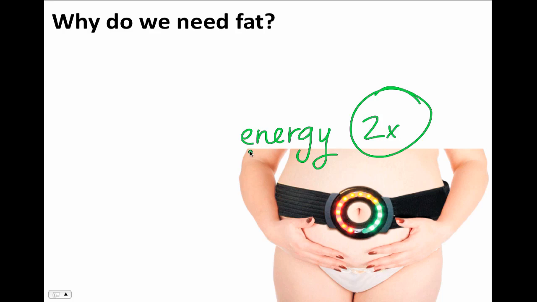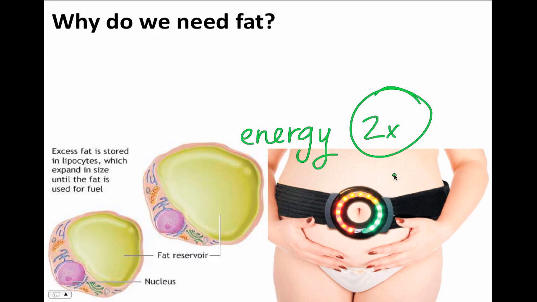And specifically, we use fat as energy storage. And fat is stored in these specialized cells called adipose cells that make up adipose tissue. Sometimes they're called lipocytes because they carry lipids. These cells are able to expand and contract based on the available fat, available lipids in your bloodstream.